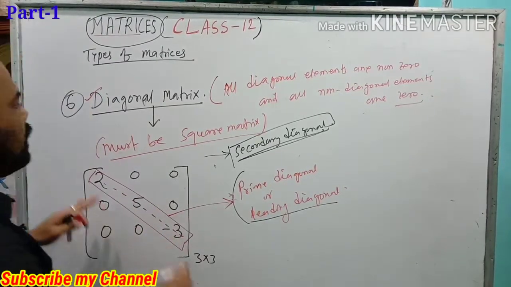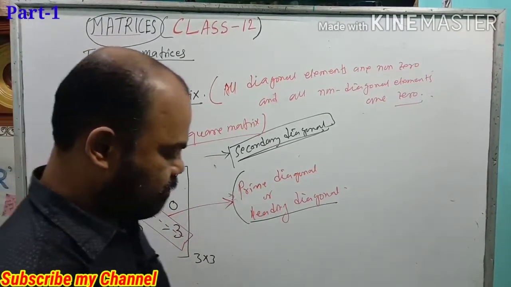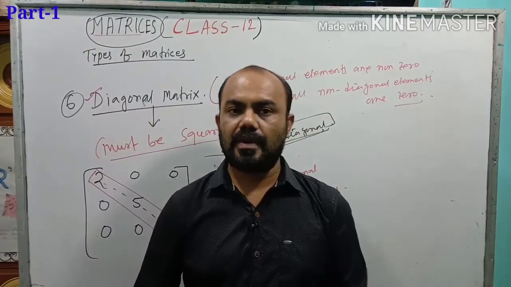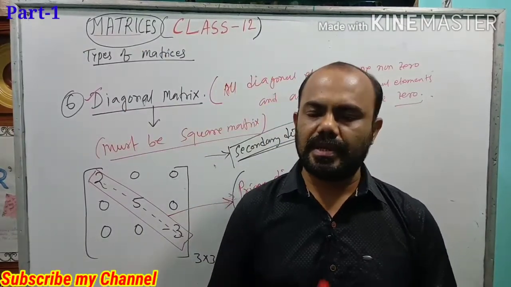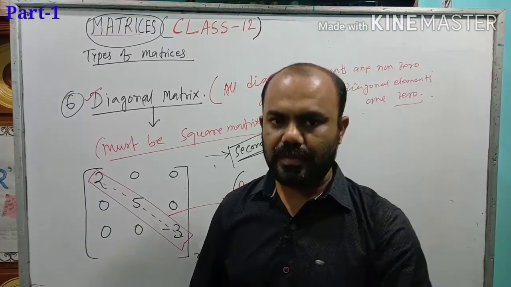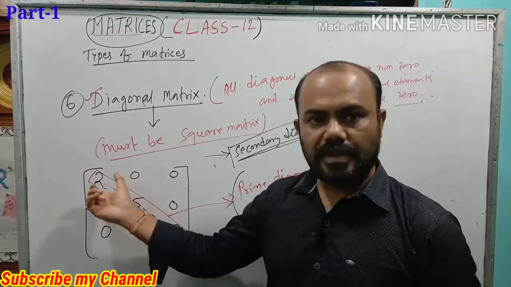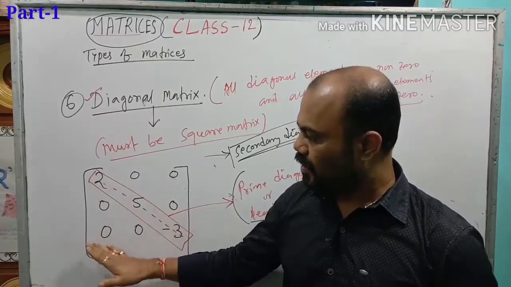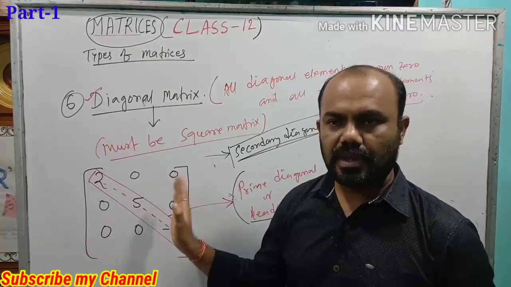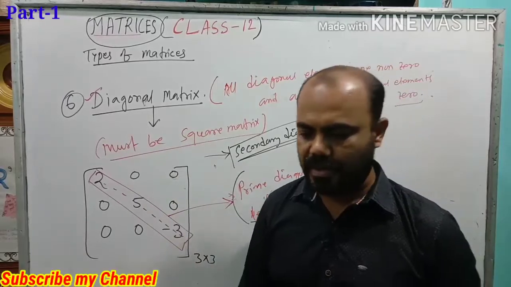Before that, for a matrix to be a diagonal matrix, the necessary condition is that the matrix must be a square matrix. Then if all the diagonal elements are non-zero and all non-diagonal elements are 0, the matrix is called a diagonal matrix.